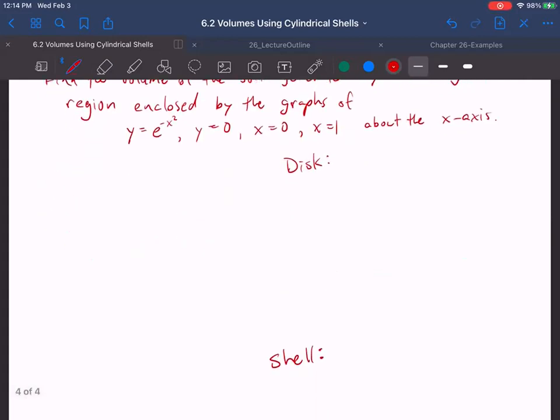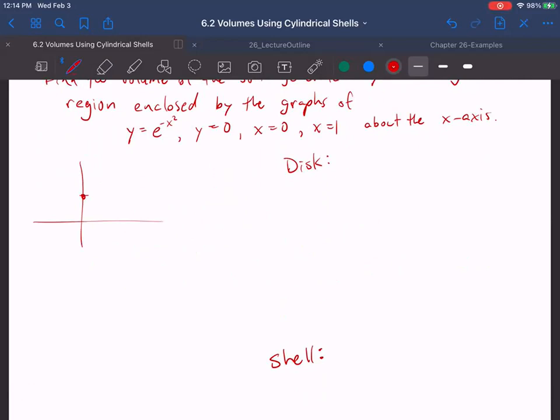Anybody know what that e to the negative x squared looks like? Well, we know when x is 0, this is what? 1. What happens as x gets bigger? Gets smaller, right?